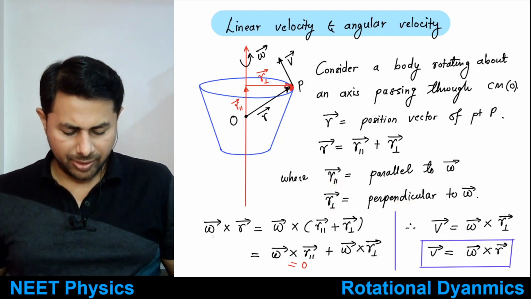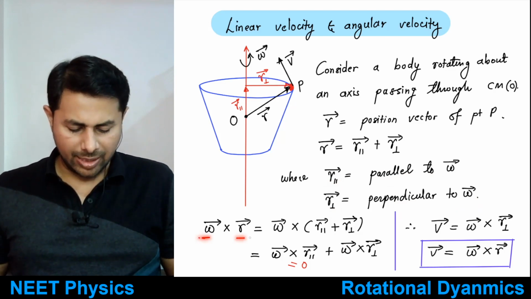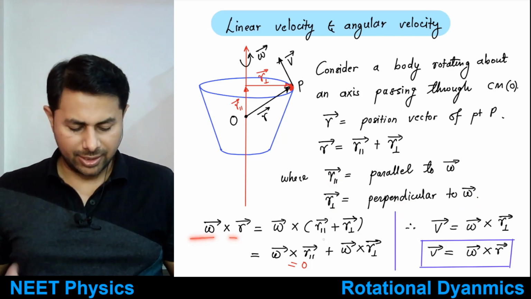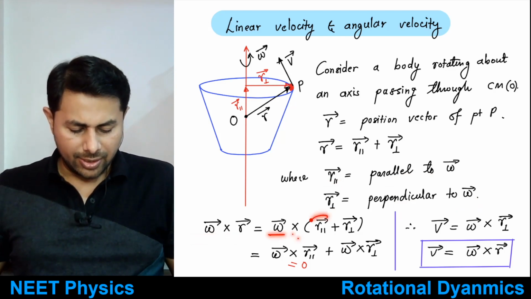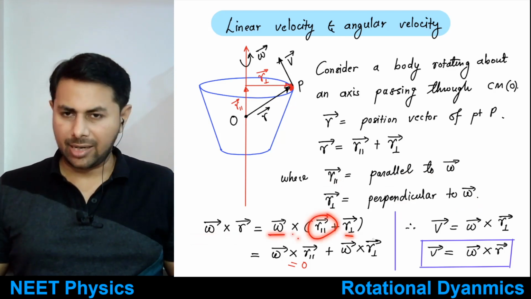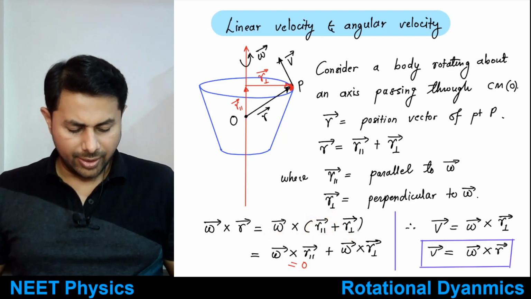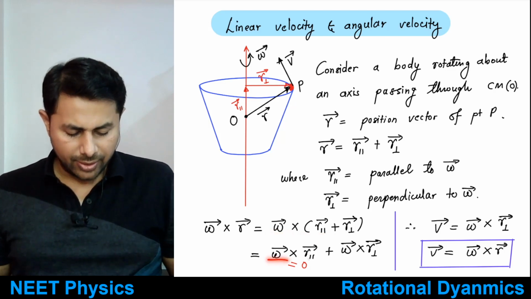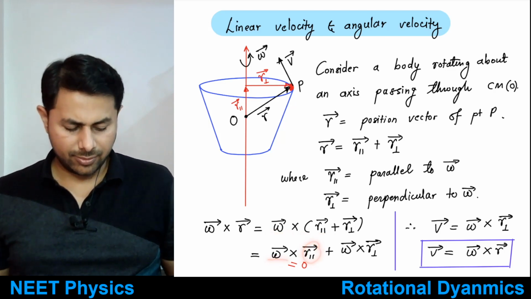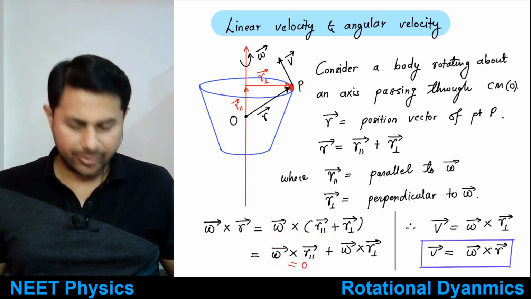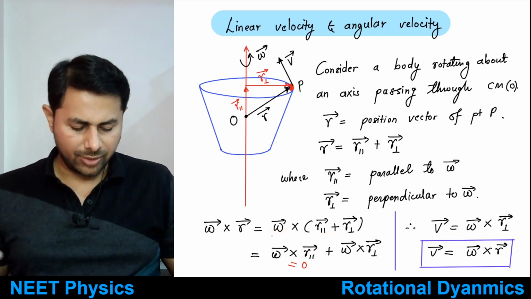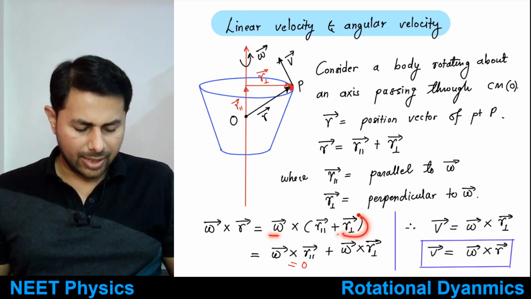Now if you take the cross product of omega bar and r bar, what do you get? Omega bar cross r bar equals omega bar cross (r parallel plus r perpendicular). Split the bracket: omega bar cross r parallel plus omega bar cross r perpendicular.